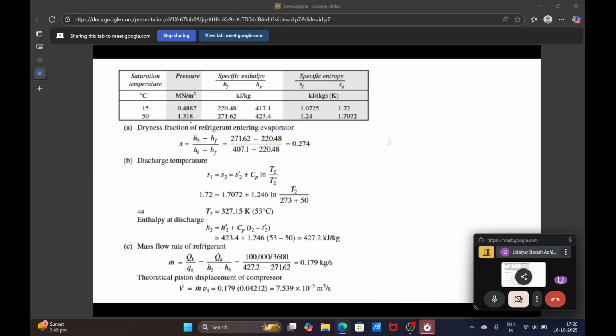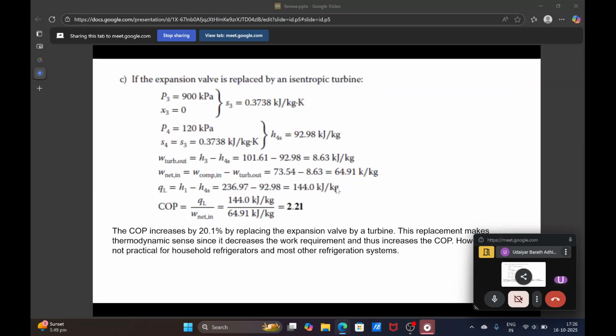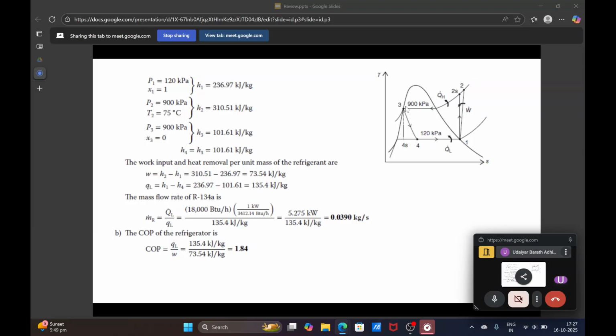Your heating requirement is where your heat is getting rejected. Now in a heat pump, 2 to 3 is your desired output, where heat is getting rejected, or heat is used for heating a desired room or space. So in cooling we are concerned with 1 to 4, but in heating we are concerned with process 2 to 3.